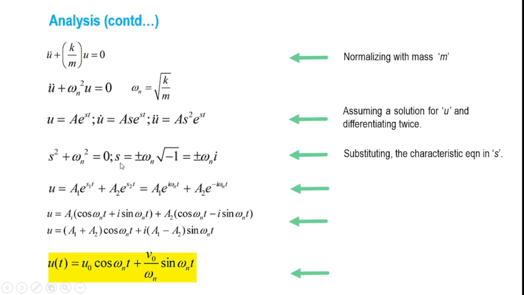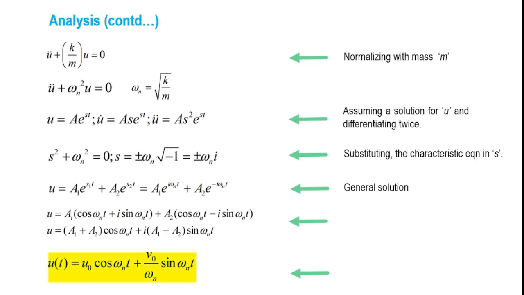That is s equal to plus or minus omega n into square root of minus 1. Obviously, we know that square root of minus 1 is the imaginary number denoted by i, which means that s is given by s equal to plus or minus omega n i.